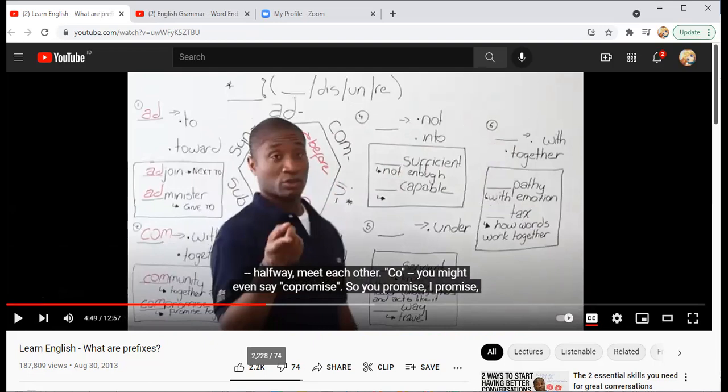The next one, the first one is add, right? And then the next one is come. It means with or together. And he said the examples are community and compromise.